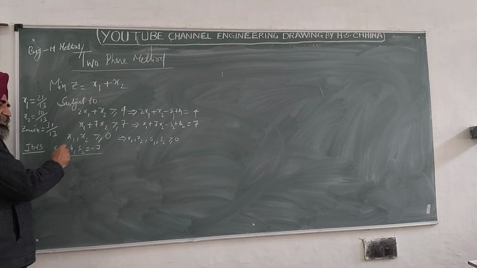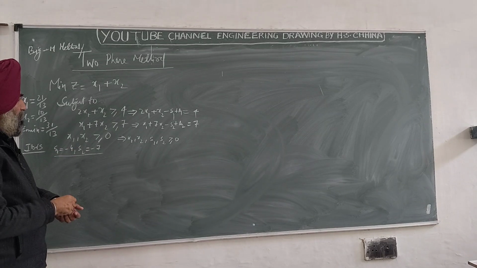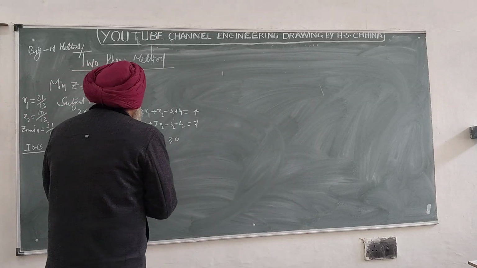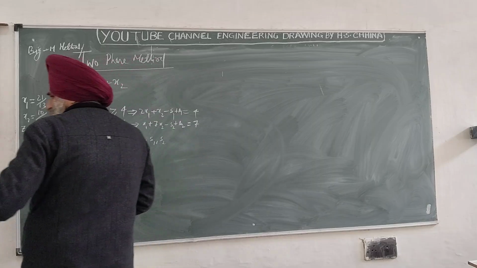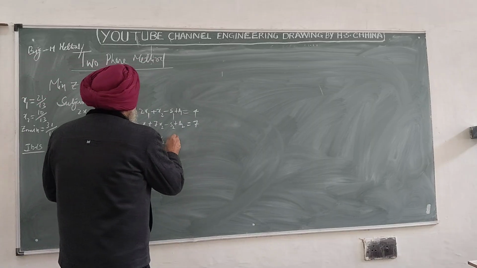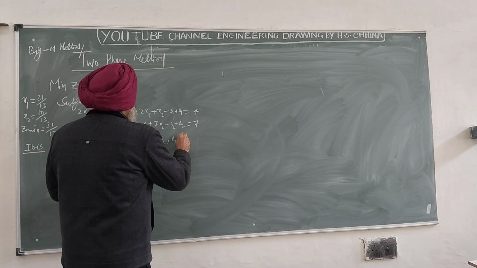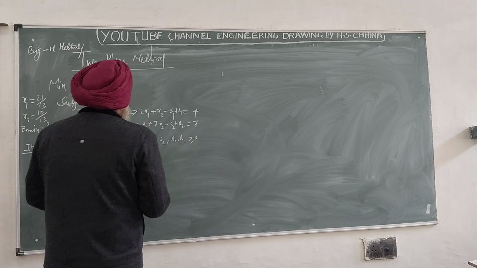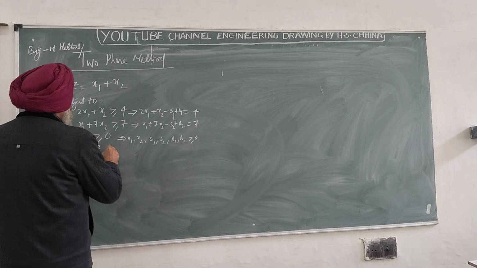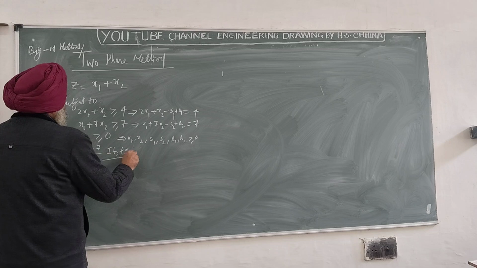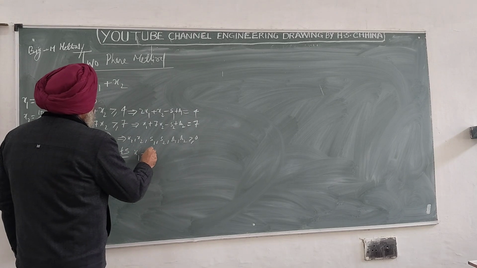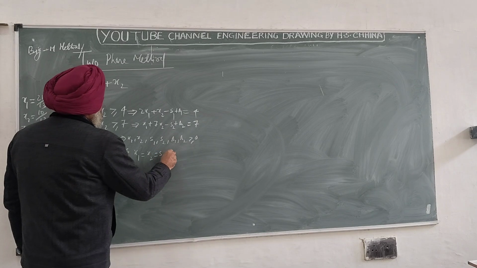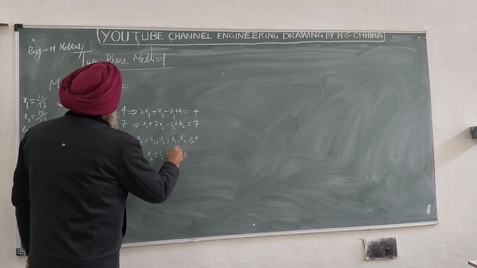As in both the constraints the values of s1 and s2 are negative, we have introduced A1 and A2. This is A1, A2 greater than equals to 0. Looking at the initial basic feasible solution again, x1 is equal to x2 is equal to s1 is equal to s2 is equal to 0.